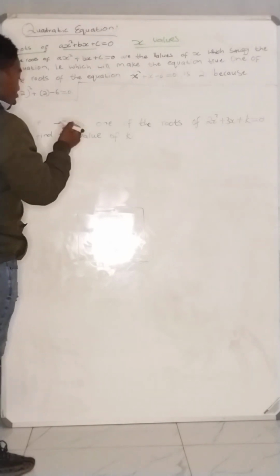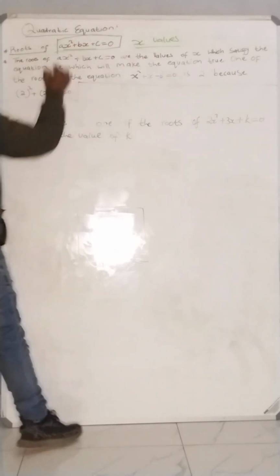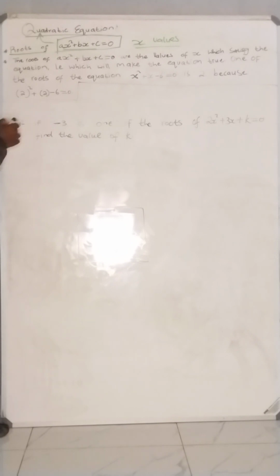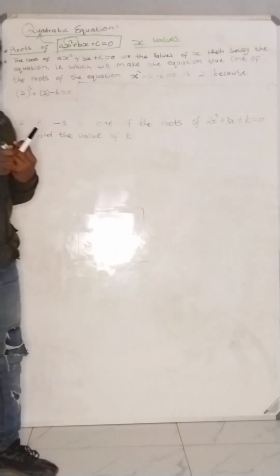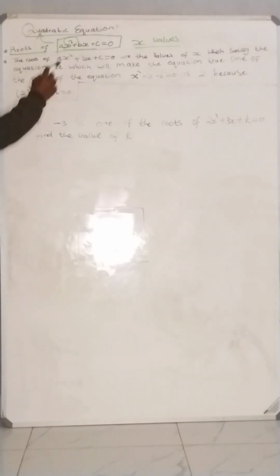Now, this equation is what we call the quadratic equation. It's the equation of the second degree, meaning the highest exponent is 2.